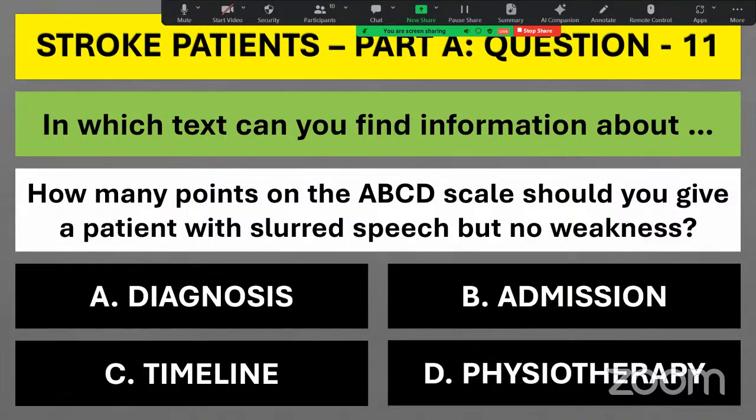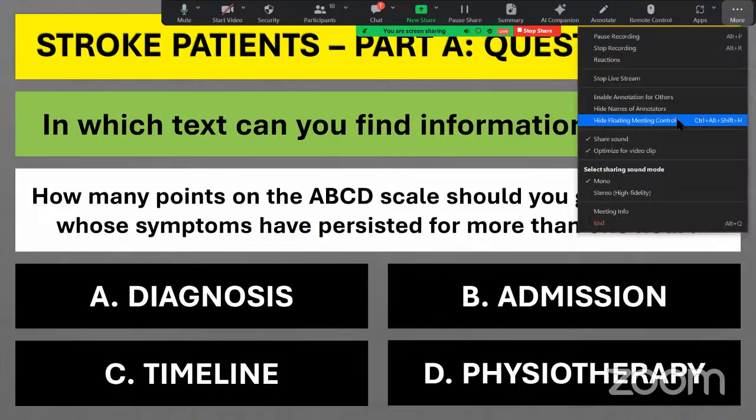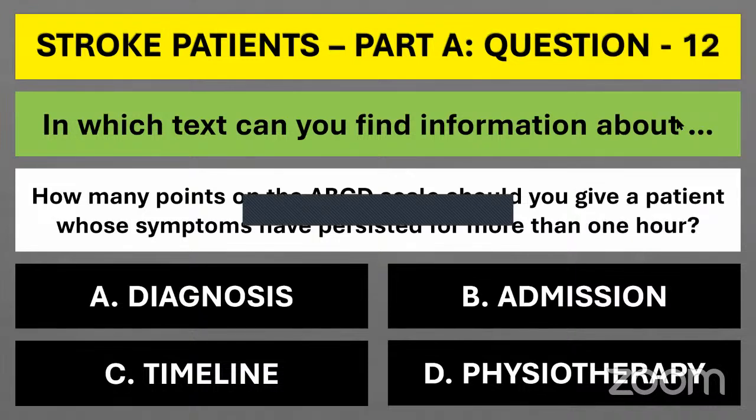That's it. Points. On what points? Okay. Then next one. Question number 12. How many points on the ABCD scale should you give a patient whose symptoms have persisted for more than 1 hour? Where will you go for this question? A, B, C, D.